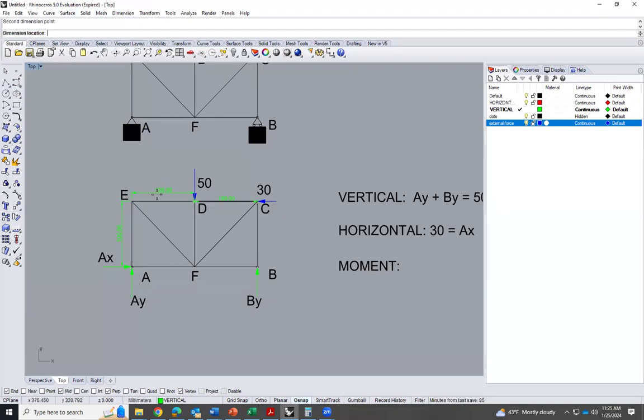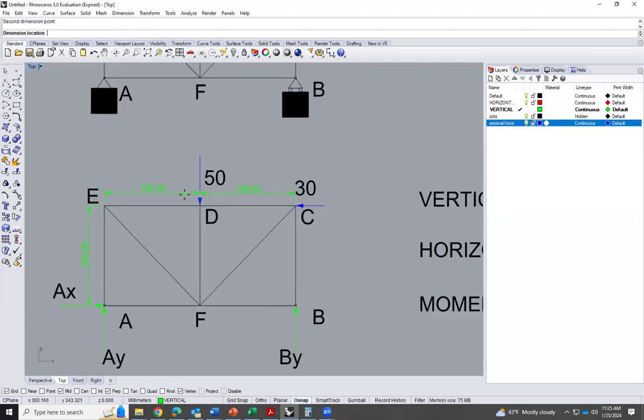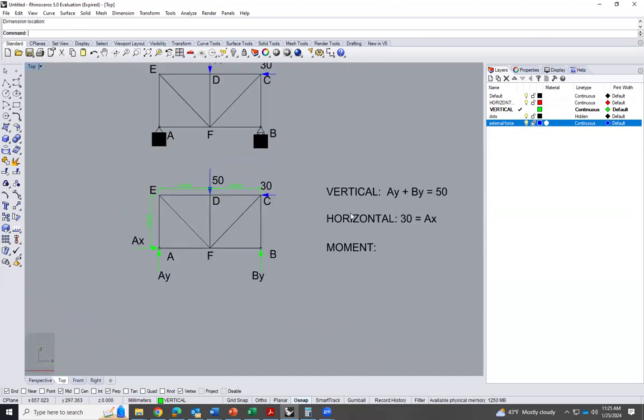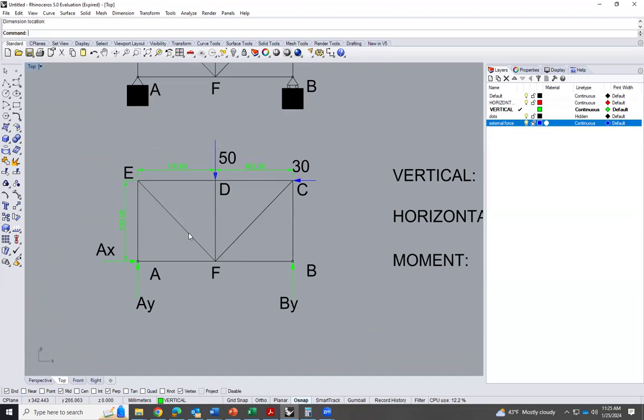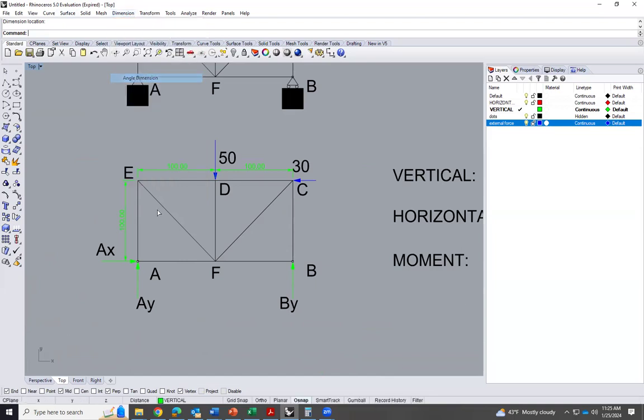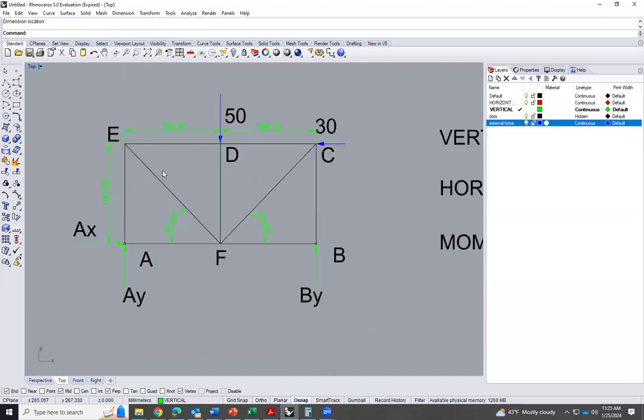And this is 100. If we have squares, we're going to need the angle. So the angle will be 45. This one and this one. This is very easy because all dimensions are the same, 100, 100, and this diagonal, the angle is 45.